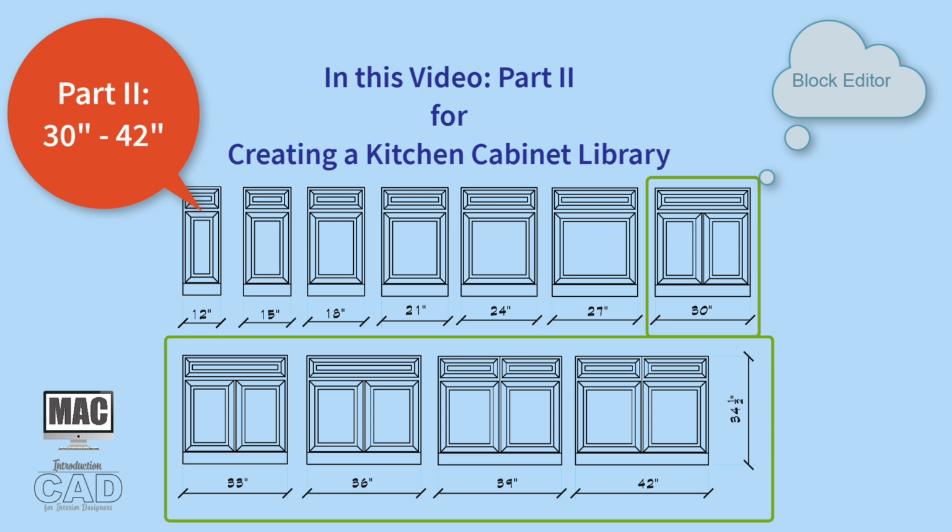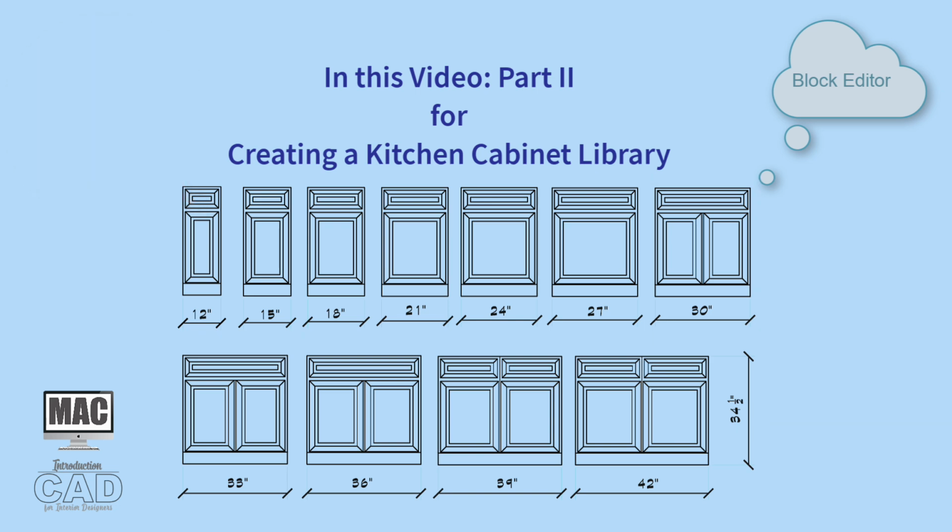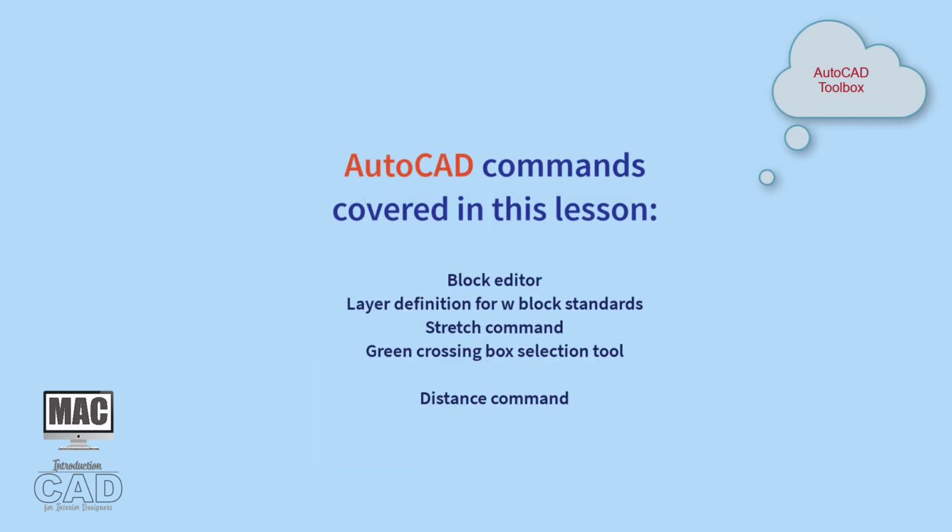You will be creating a standardized cabinet for the 30-inch, 33-inch, 36-inch, and 42-inch wide base cabinets using the AutoCAD block editor. The AutoCAD commands covered in this lesson include block editor, layer definition for W-block standards, stretch command, green crossing box selection tool, and the distance command.